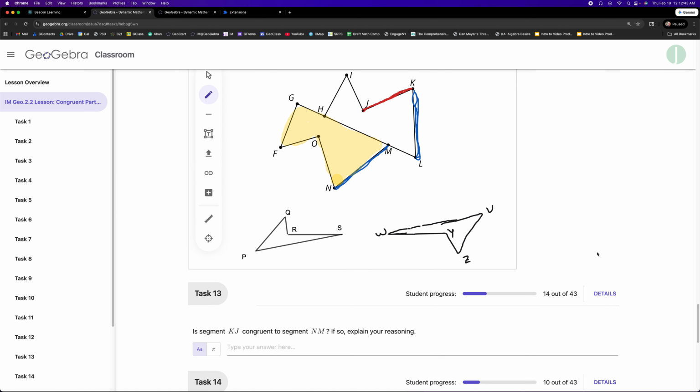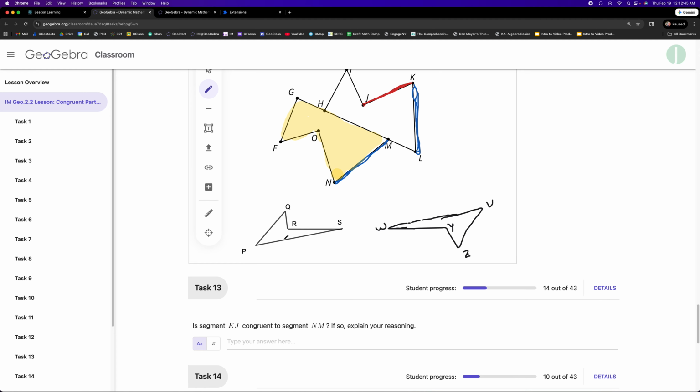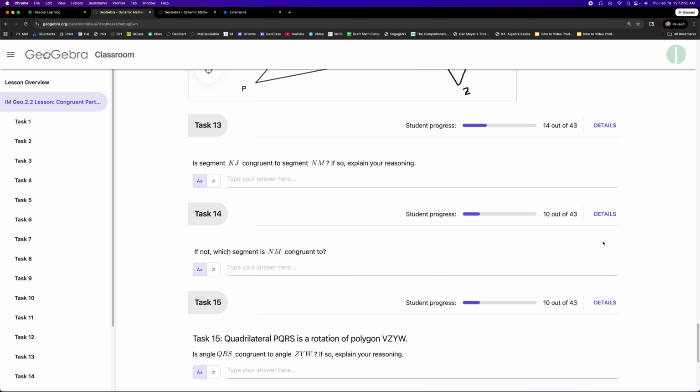Now we can see that if I took this and rotated it around, it would land and look like that one, assuming that I could draw. Okay, so here we go.